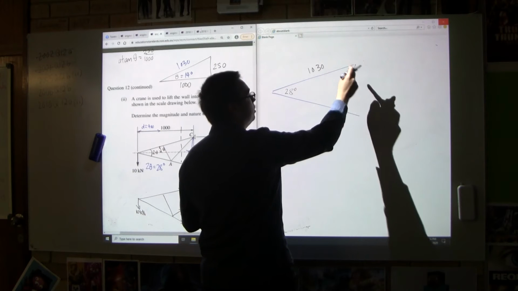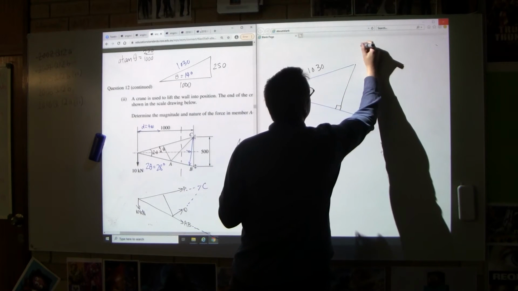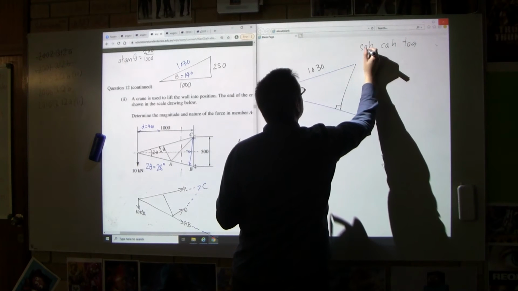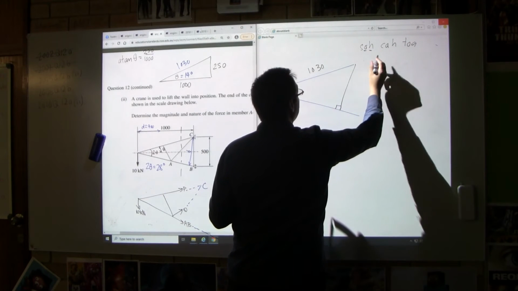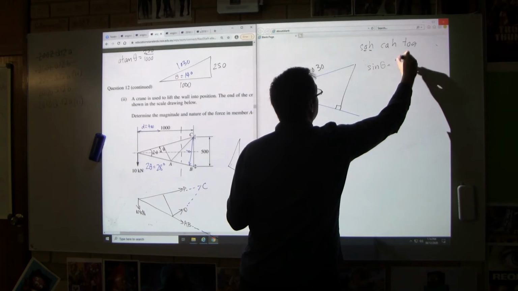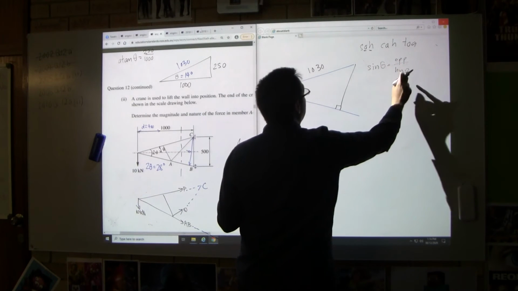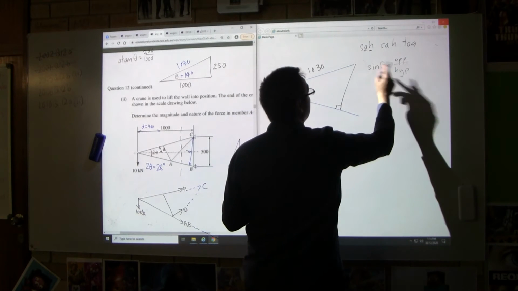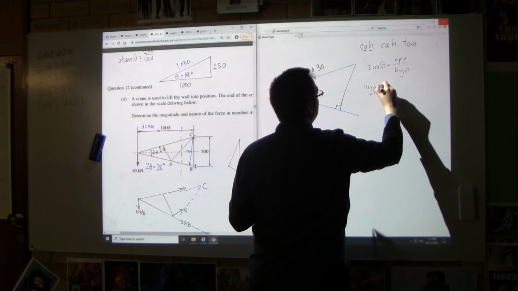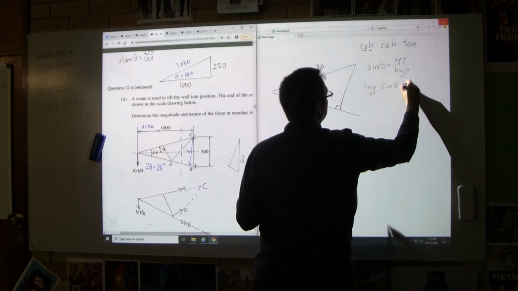I know the hypotenuse, and I want to find the opposite. So what I know is SOH CAH TOA. I'm going to say sine theta equals the opposite over hypotenuse. Now, I know the hypotenuse, so I'm going to move that over, and hypotenuse multiplied by sine theta equals opposite.